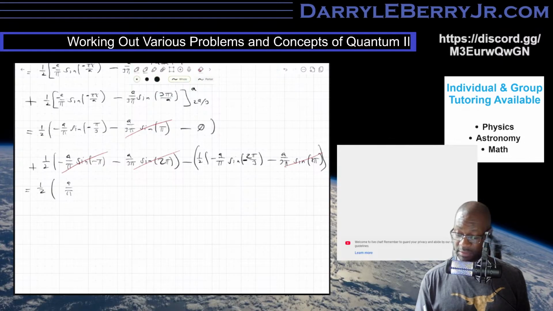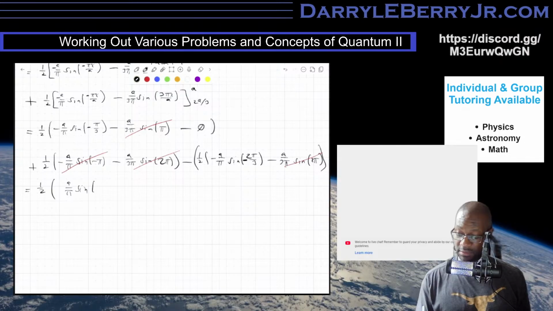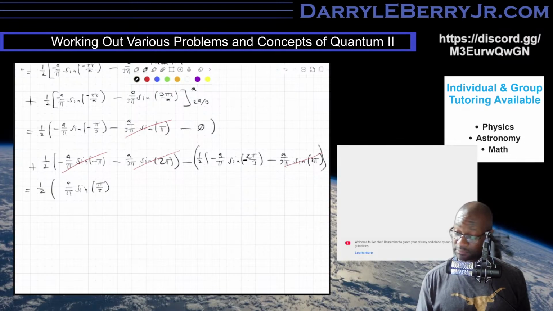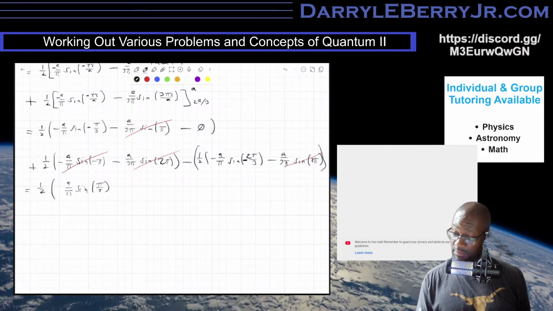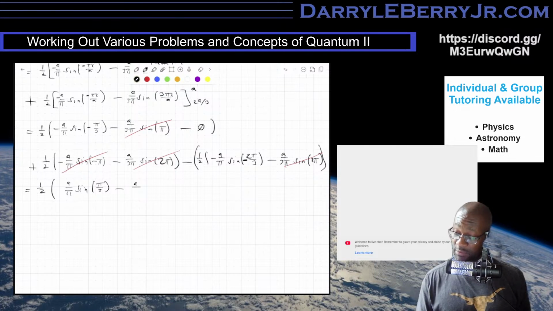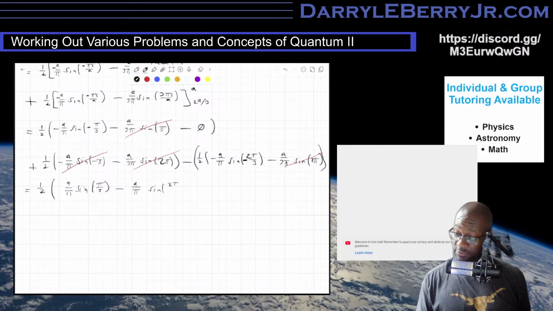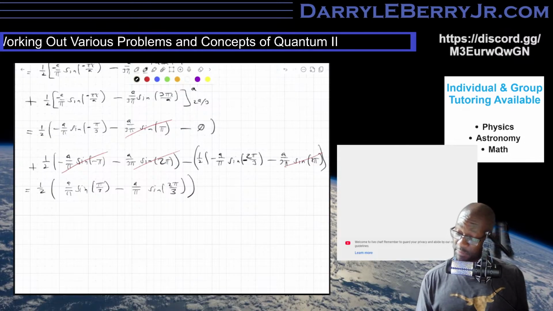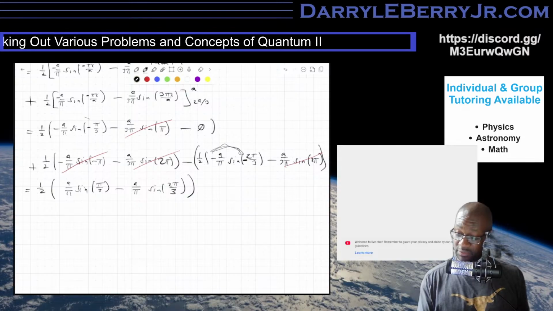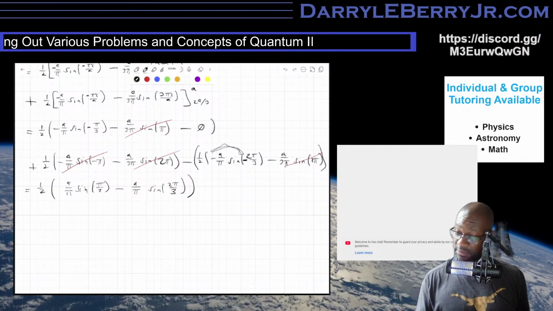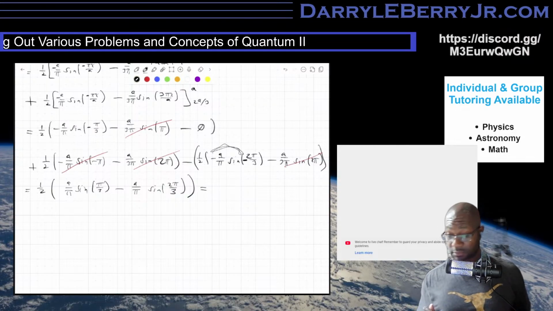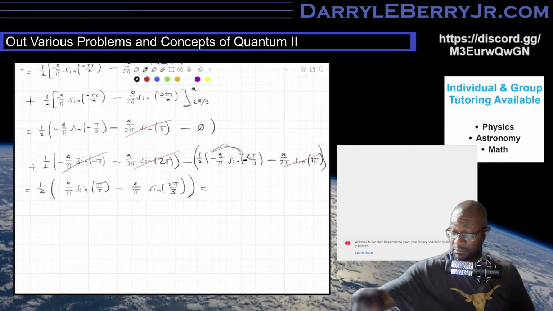So I could just put sine pi over 3 minus a over pi sine 2 pi over 3. And again, I'm just keeping this negative here, but distributing this negative from the negative sign. So it should give us 0 again.